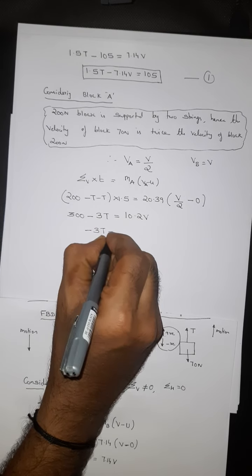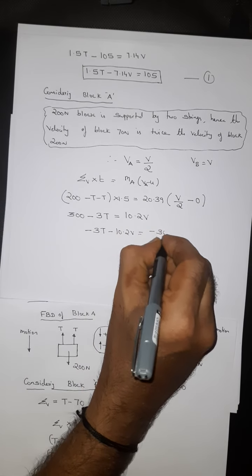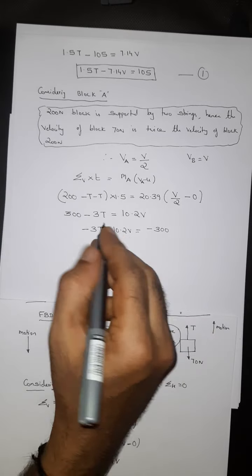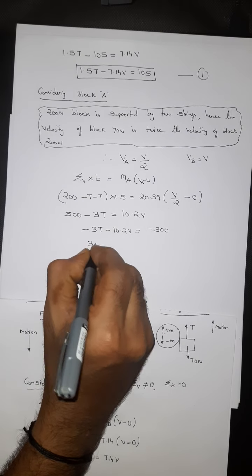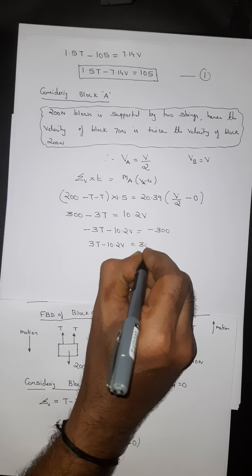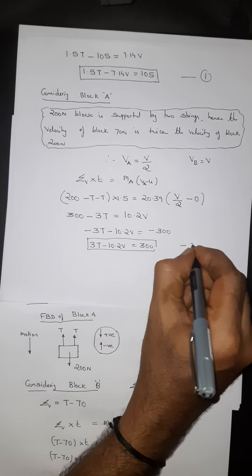So 3T minus 10.2 V equal to minus 300. Let me multiply both sides by minus. Therefore 3T plus 10.2 V equal to 300. So this is equation number 2.